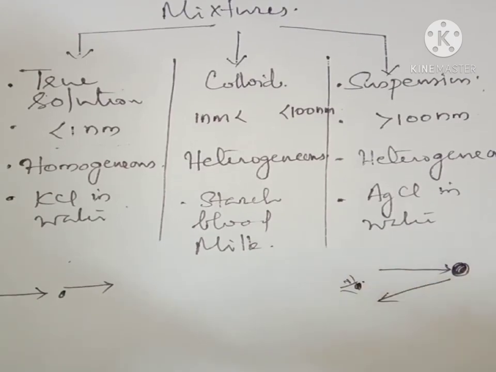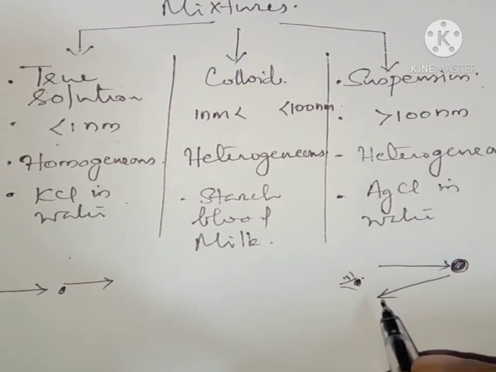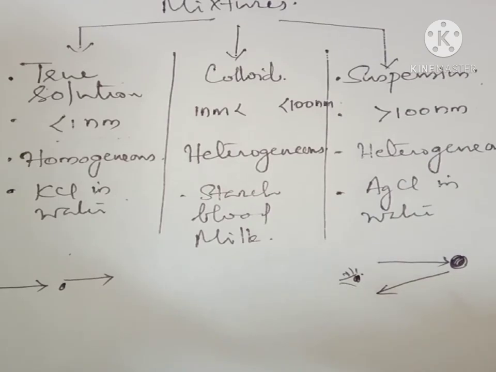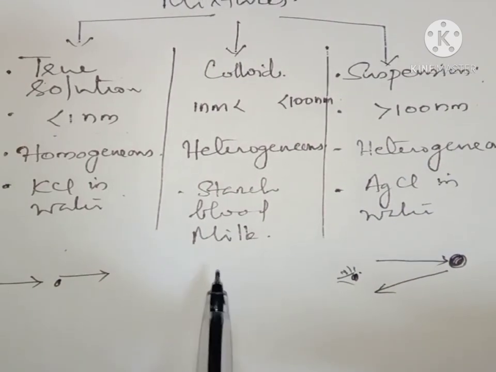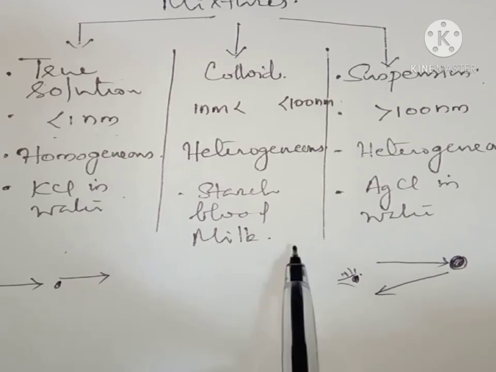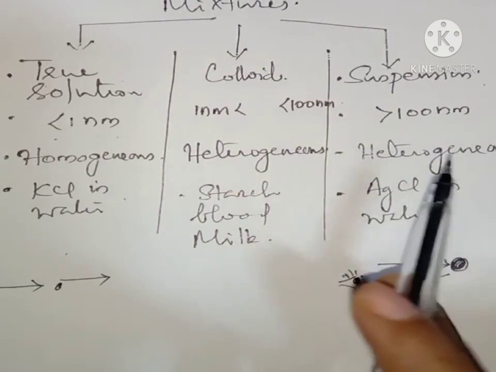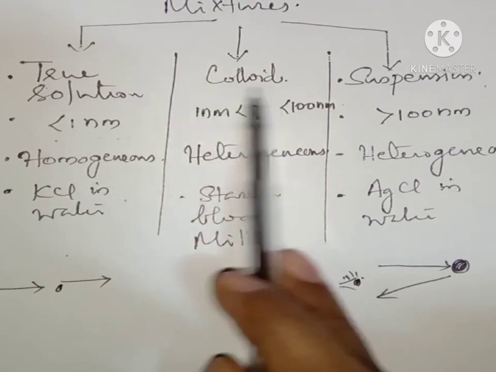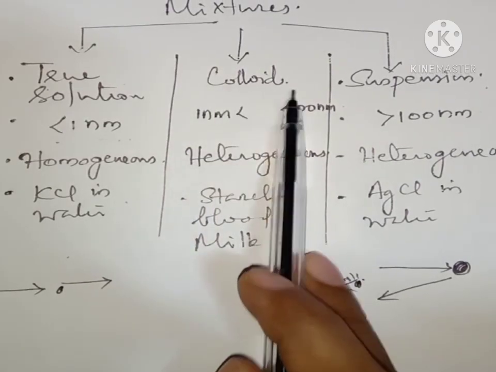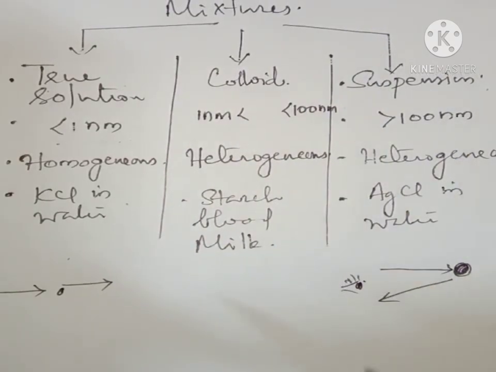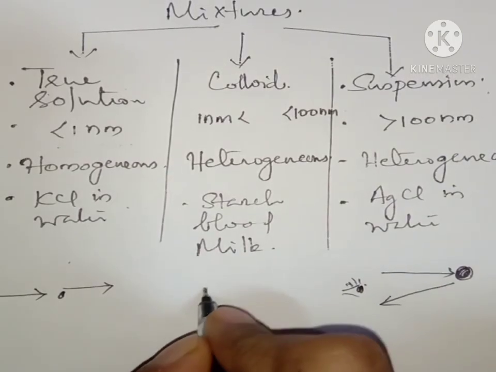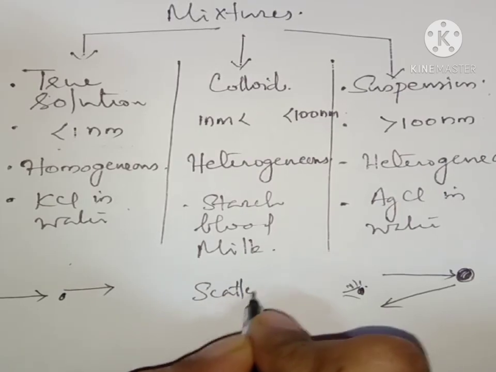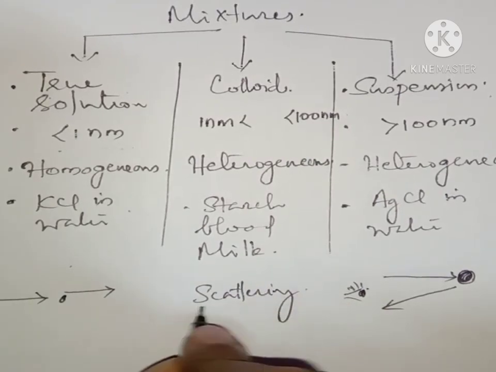That is why we can see the particle by the naked eye. So coming to colloids, we can't see the individual particles by our naked eye, but in some certain cases we can see the particles, that we discussed later. So scattering is possible. Scattering is happening in colloid.